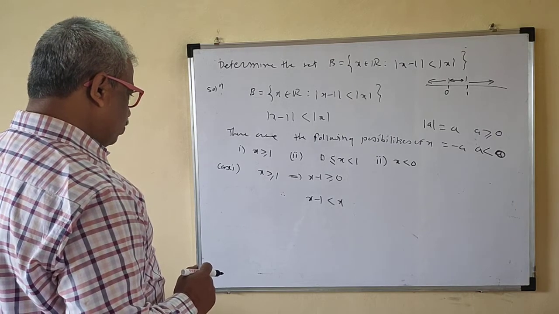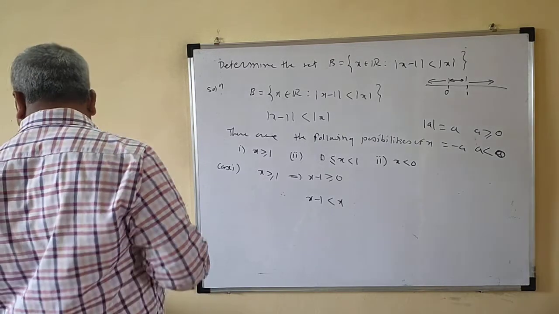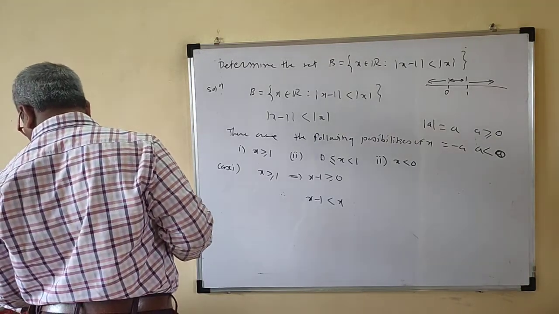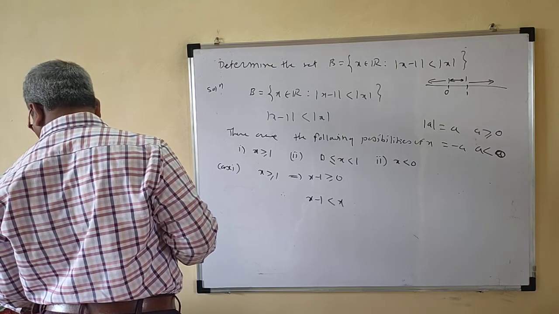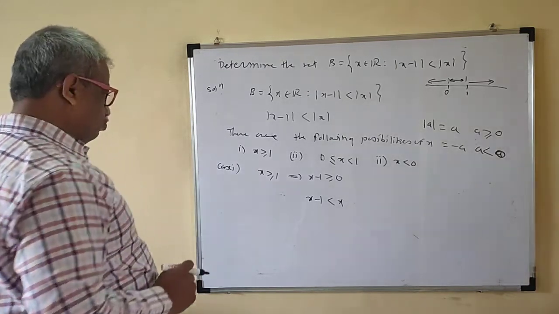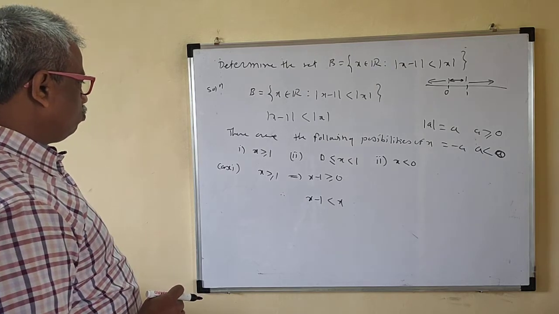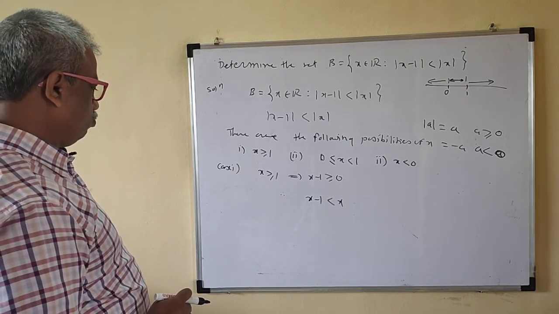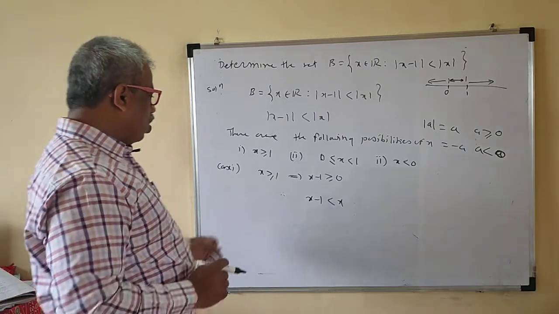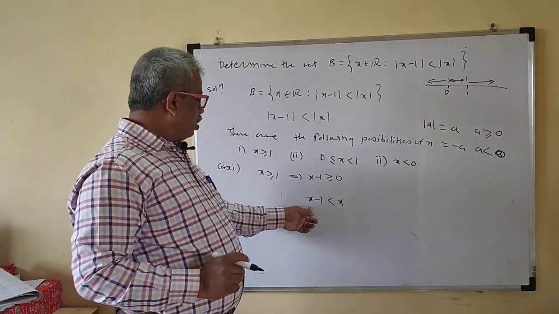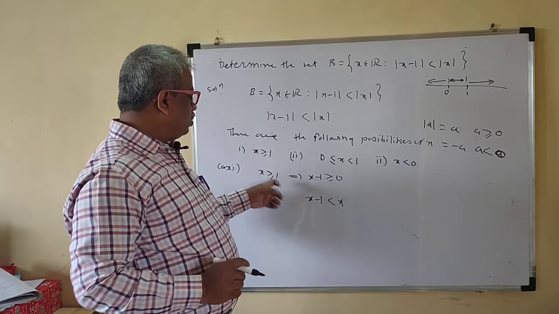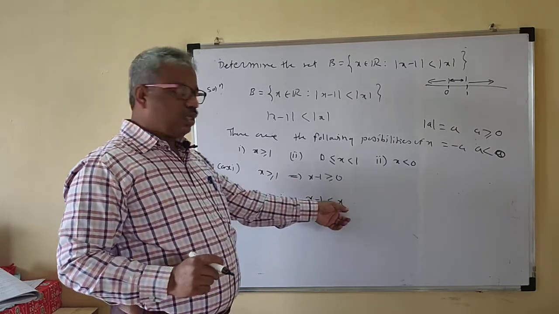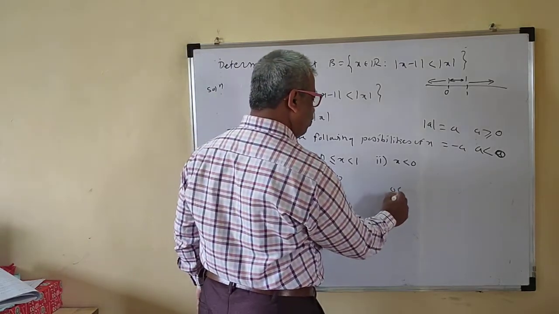X minus 1 is less than x. So is it true for all x greater than 1? If you consider this is 1, so this is 0, then this is 1. See, this is true.